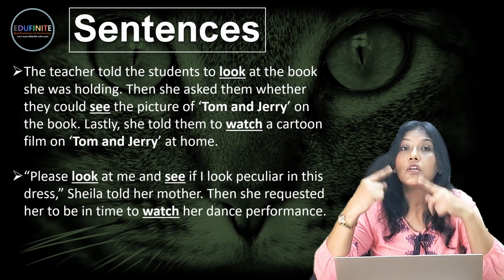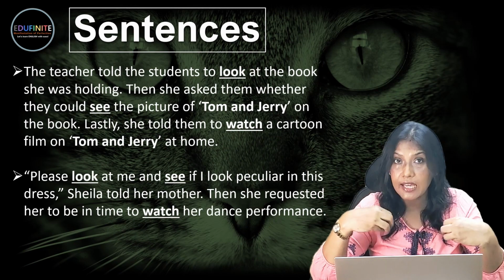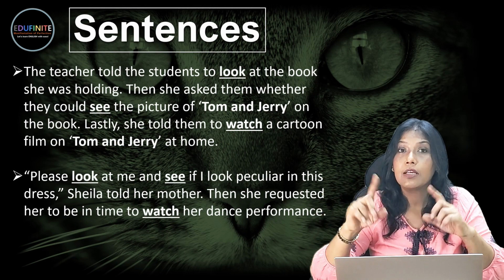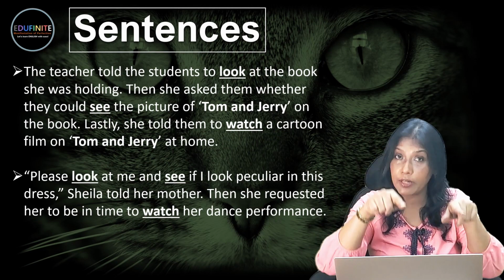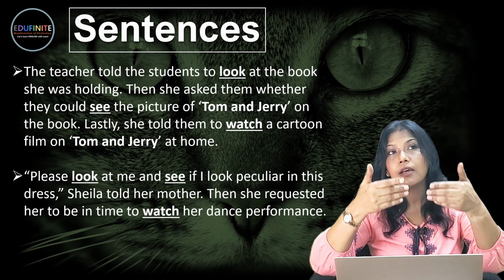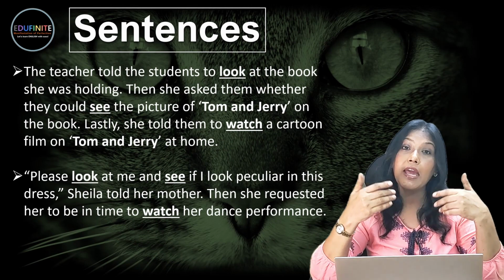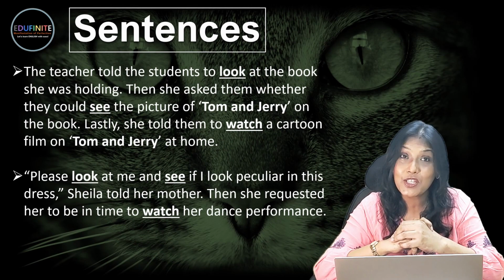So her mother had to turn her eyes towards Sheila and then see if she was looking peculiar in the dress she had put on. So her mother had to perceive, as she had already turned the direction of her eyes towards Sheila. So she, in her new dress, her mother is being able to perceive her. So that's seeing.